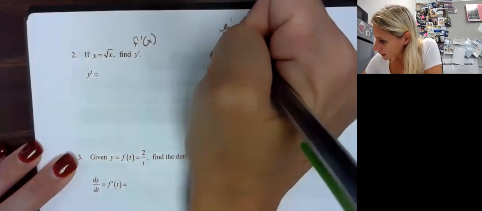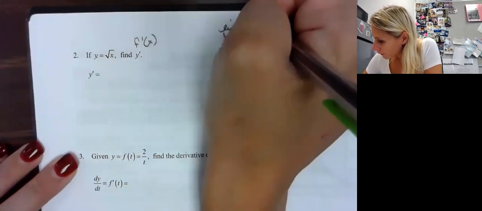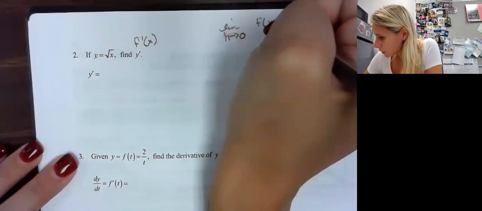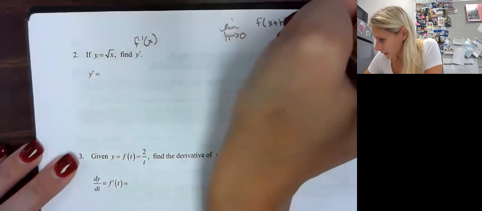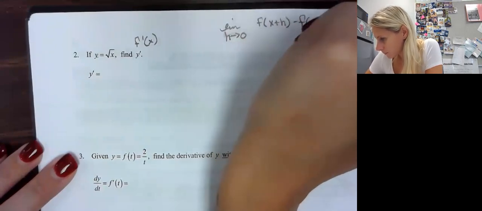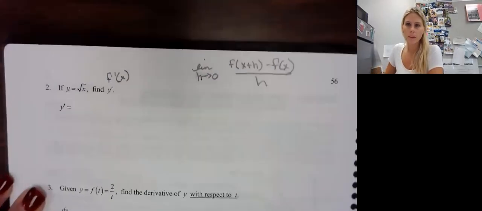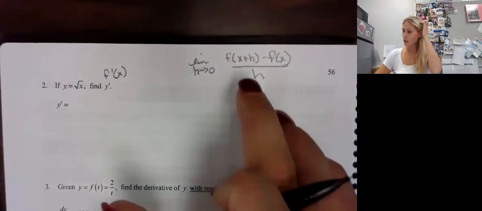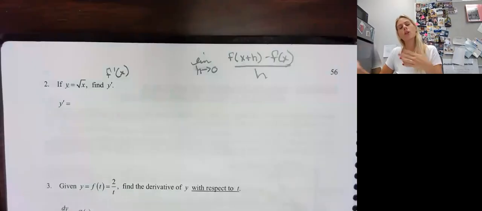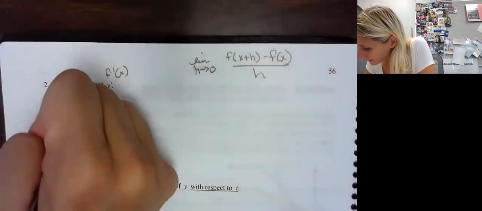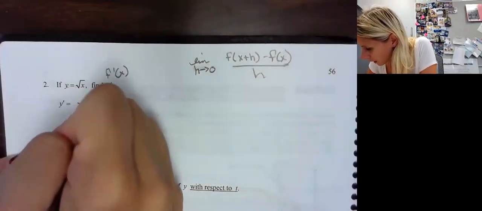The limit as h approaches 0 of f of x plus h minus f of x, all over h. I just wrote that up there like on the other page so you don't have to go back and forth. So what we have now is the limit as h approaches 0.